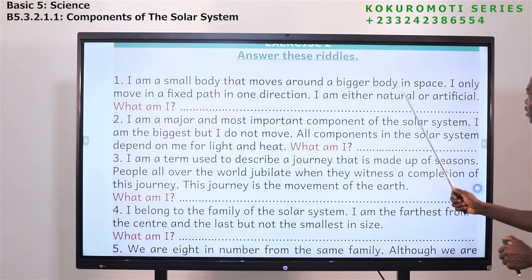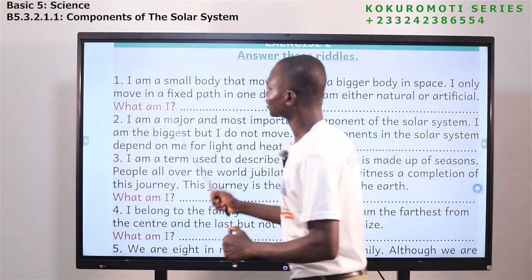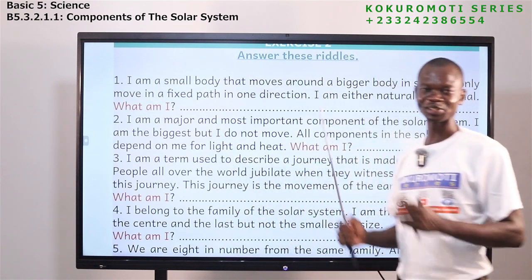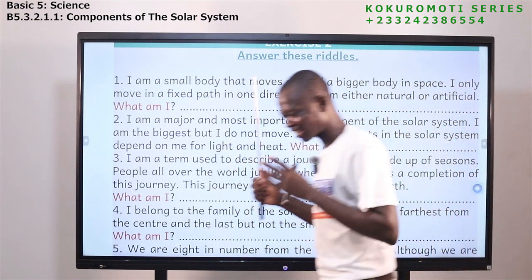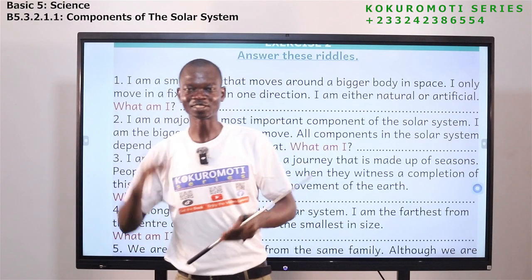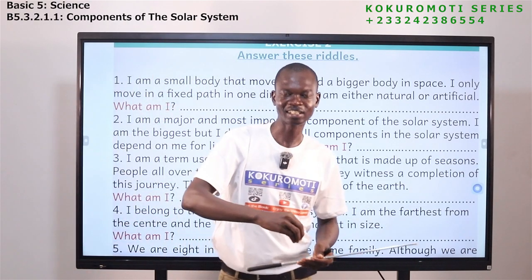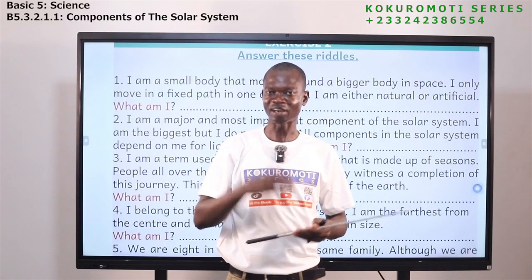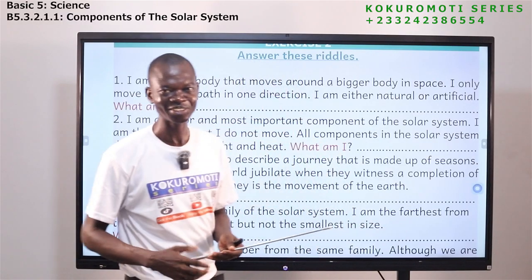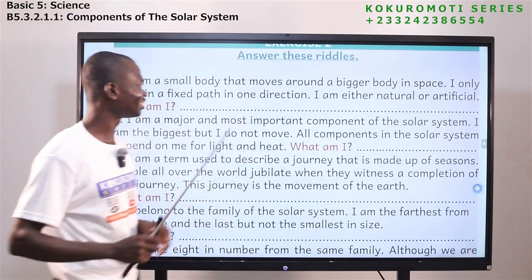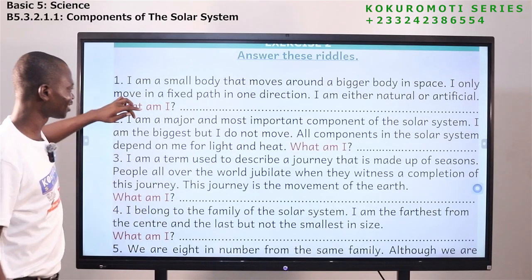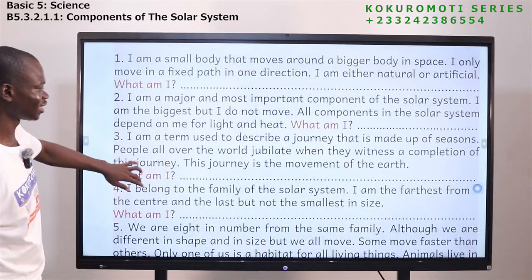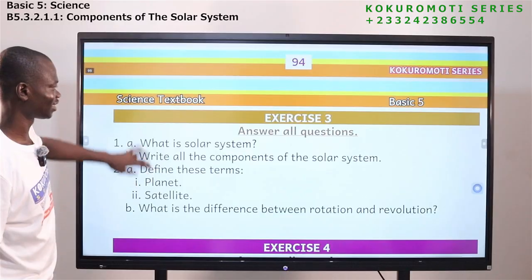I am either natural or artificial. What am I? So we learn something, that thing moves, it's a smaller body that moves around a bigger or a larger body. We have learned it, and I know you have seen the answer. I won't tell you. So the next one, you just do it later on.